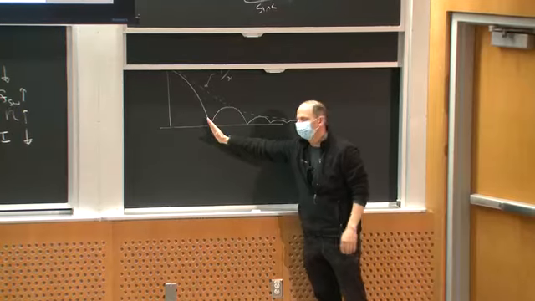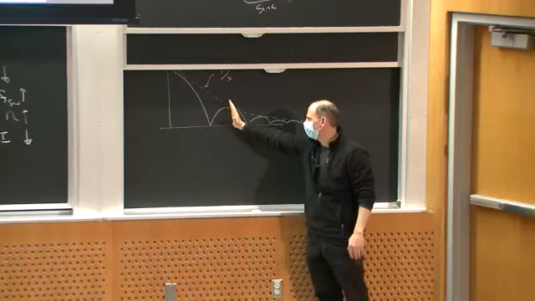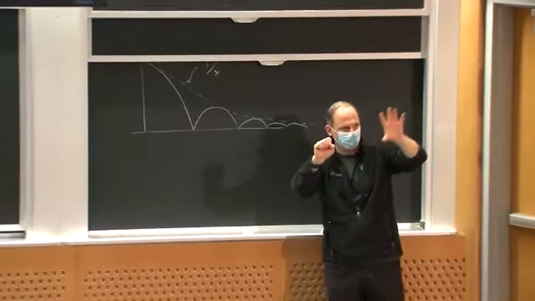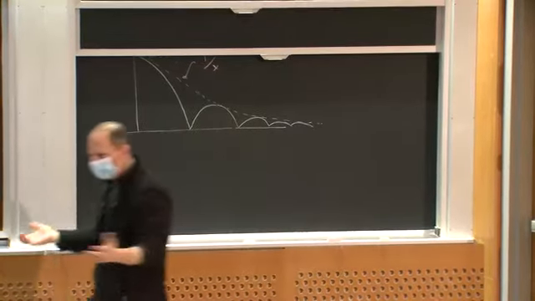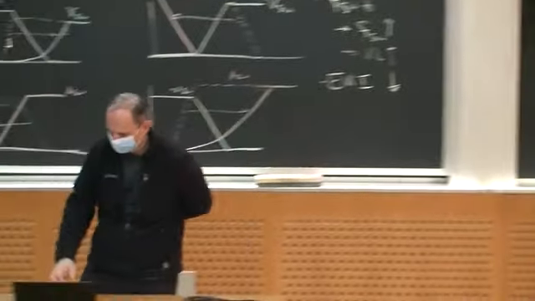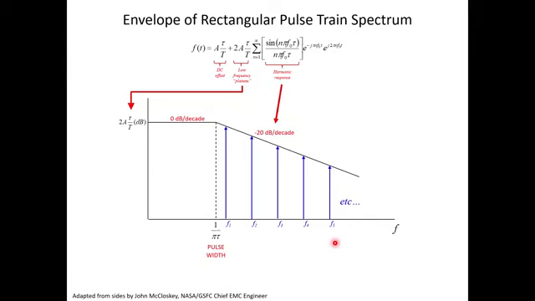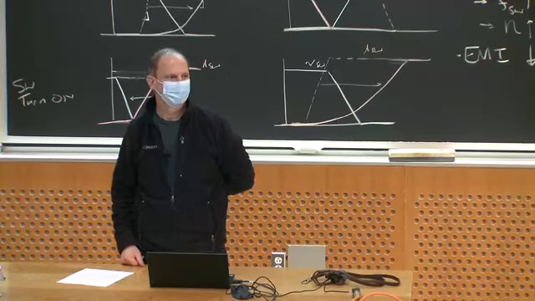Some of them will be 0, some of them will be maximum. But if I'm looking at how the energy goes down overall, it goes as 1 over frequency for higher frequencies. So if I looked at my square wave in this case, essentially I have the fundamental, and then everything tends to fall off with an envelope that goes as 1 over the frequency. Any questions about that?